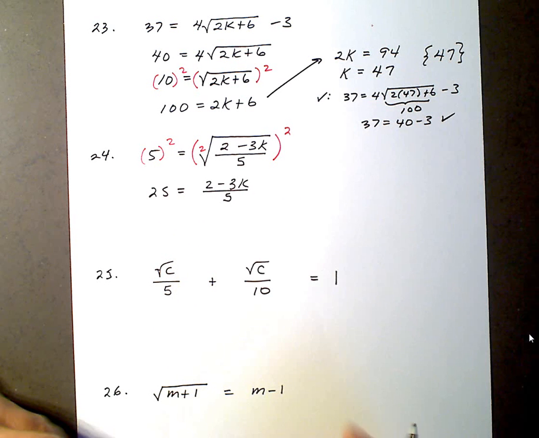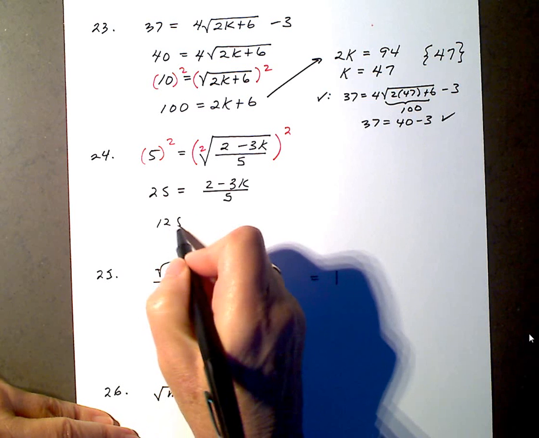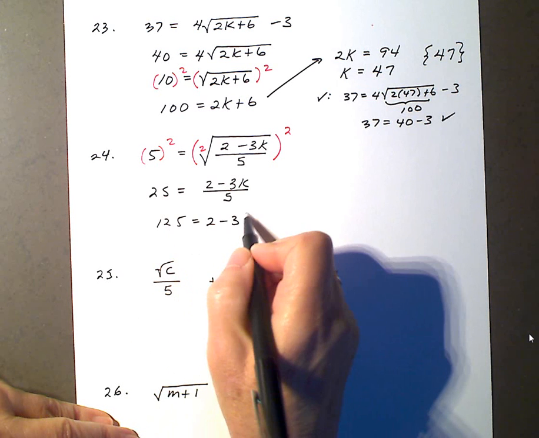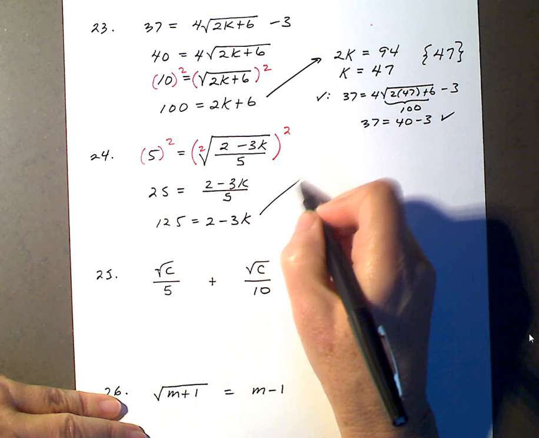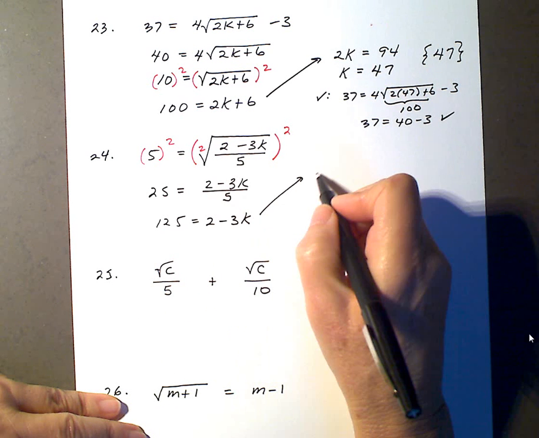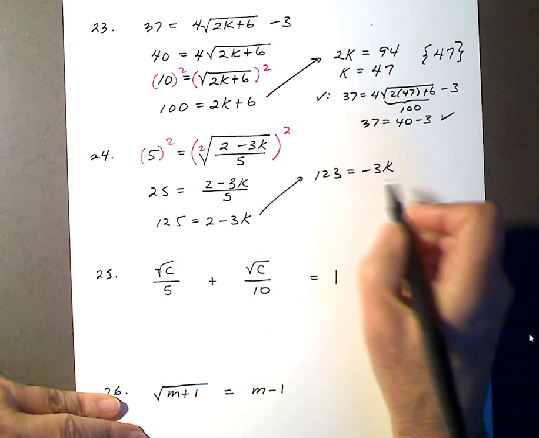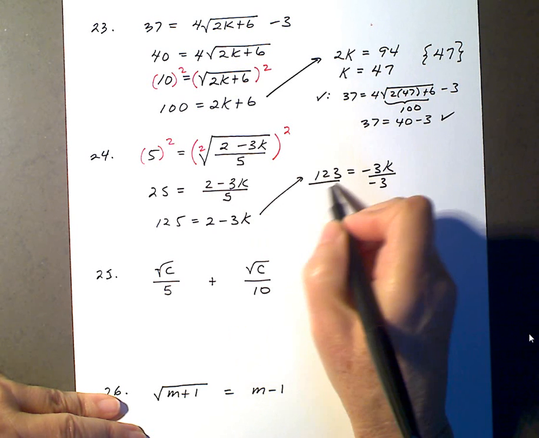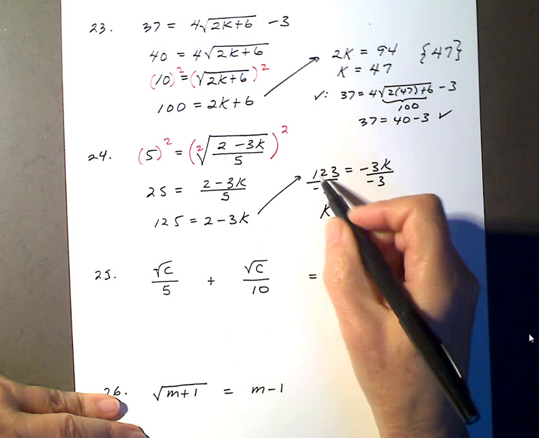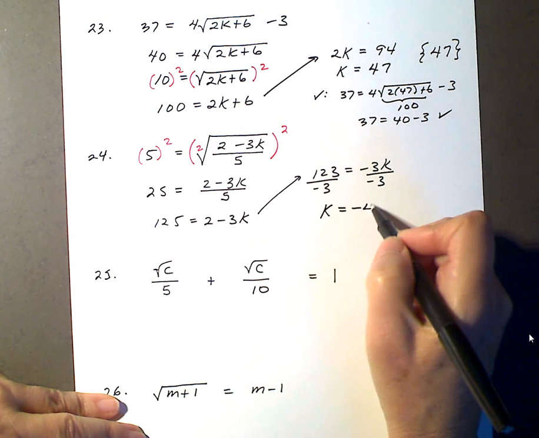So multiplying both sides by 5, I get 125 equals 2 minus 3k. So continuing on, subtracting 2 from both sides, 123 equals negative 3k. Dividing through, I get k is equal to negative 41.